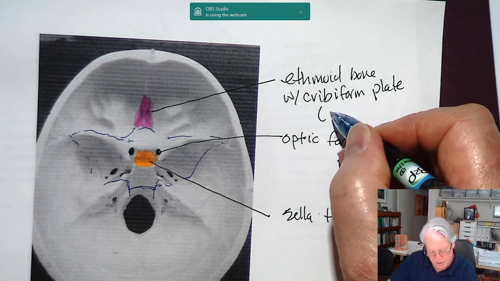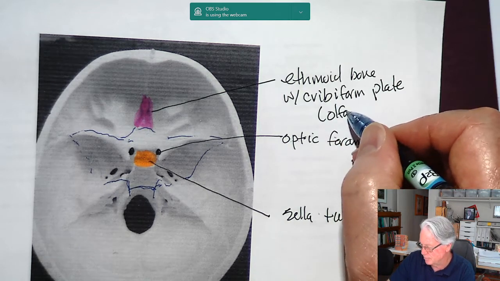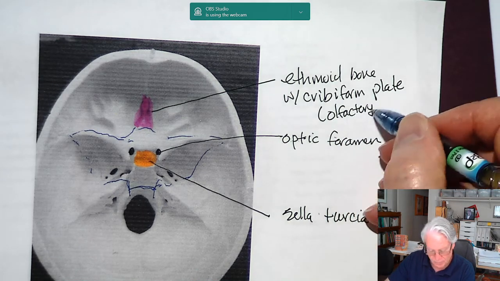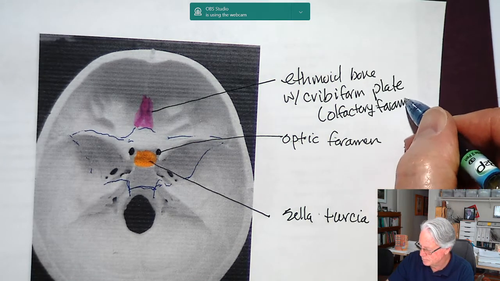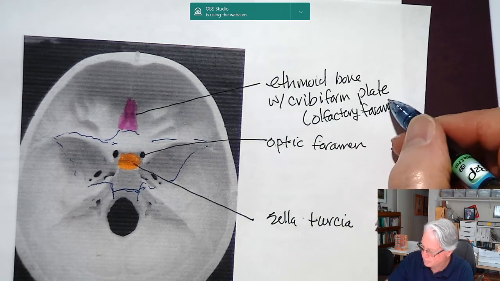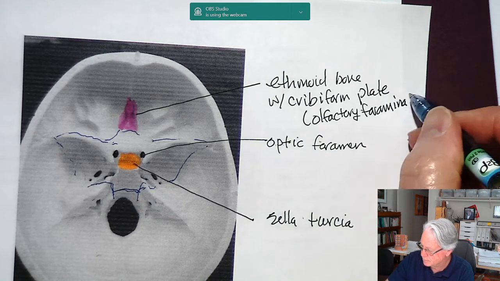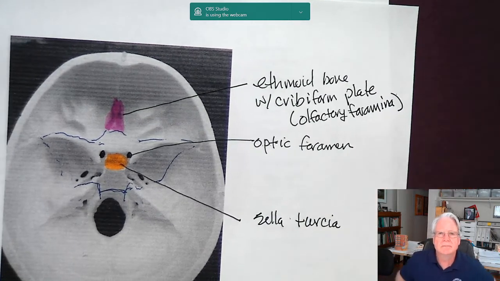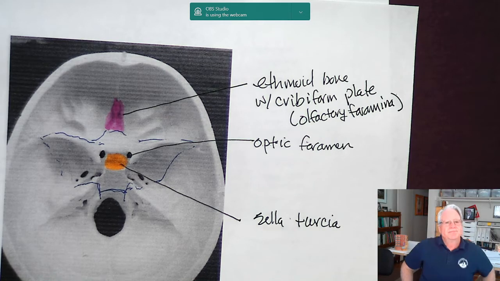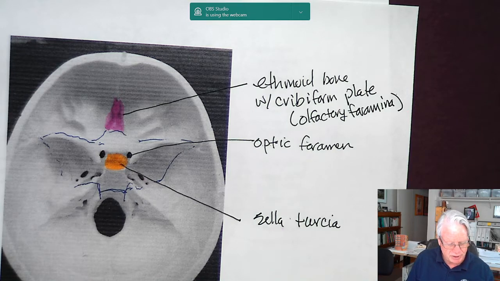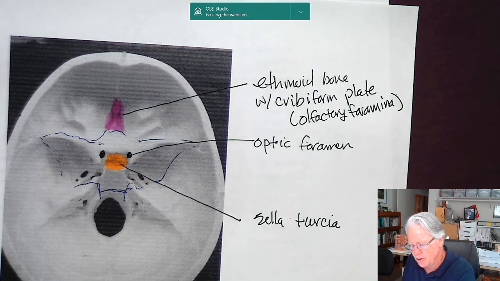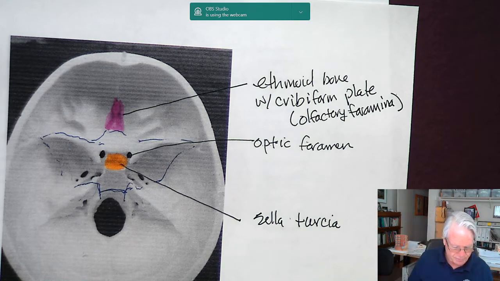That contain the olfactory foramina. Okay, so what we've done so far is we have looked at all the cranial bones that we need to know.